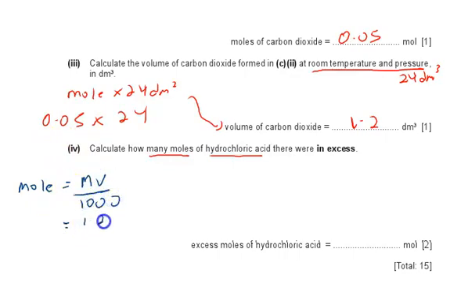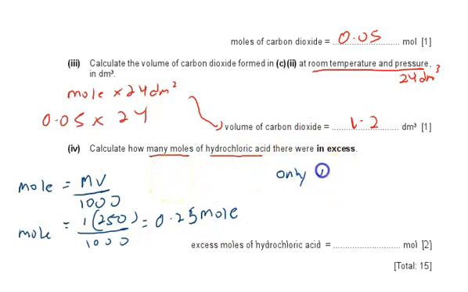So 1 times 250 divided by 1000 gives 0.25 mole in total. Only 0.1 mole was used, so the excess is 0.25 minus 0.1, which is 0.15.